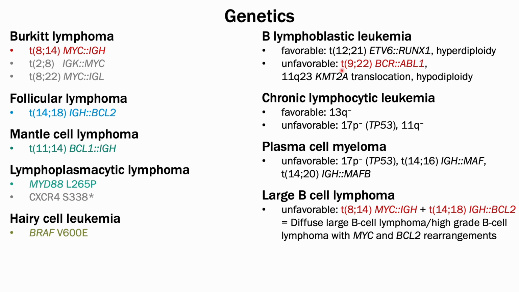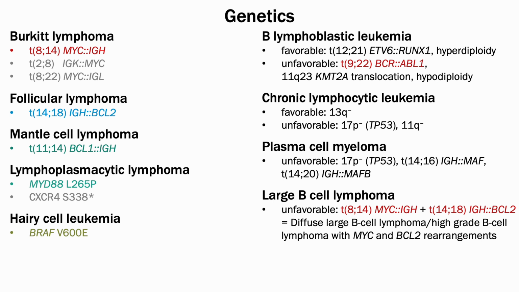The unfavorable alterations to know include the t(9;22) BCR-ABL1, which is often written in patient charts as Philadelphia positive or Ph positive. Rearrangements with 11q23 KMT2A happen with a large number of partners and are also of unfavorable prognosis. And with hypodiploidy, the technical definition is less than 46 chromosomes, but unfavorable prognosis is really only associated with 43 and below.